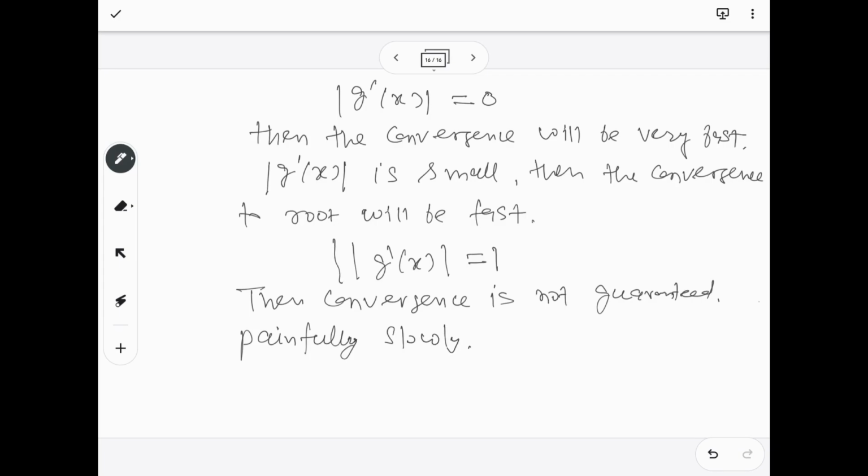So if this condition is satisfied, then the convergence is not guaranteed, it may diverge also. On the other hand, if the convergence does happen, it will happen very slowly. This is what we covered in the first part of this fixed point iteration method.